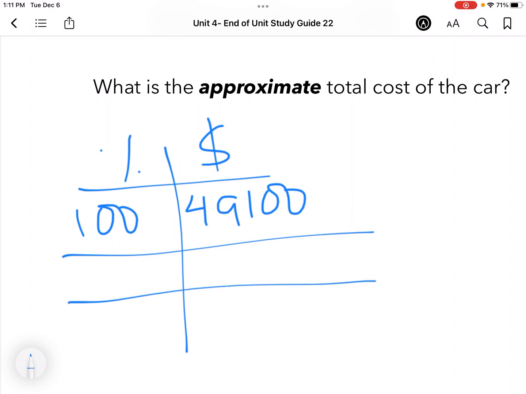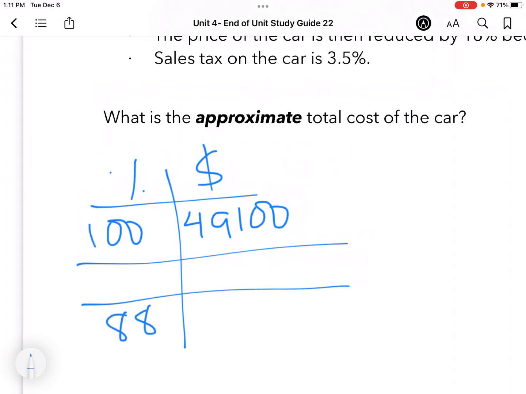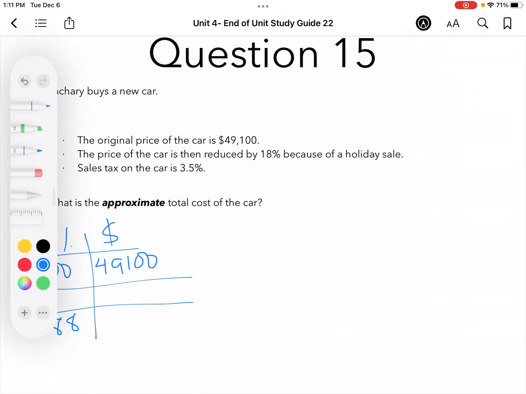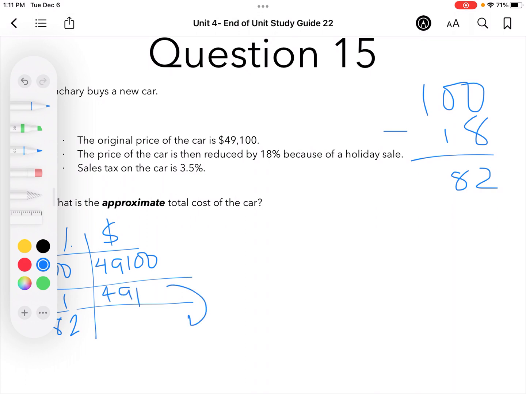And I want to find 88%, not 88%, I want to find 82%. Because I have 100 and I subtract 18, so I'm going to have 82%. So I'm going to divide by 100 and I get 491, and then I'm going to multiply by 82.